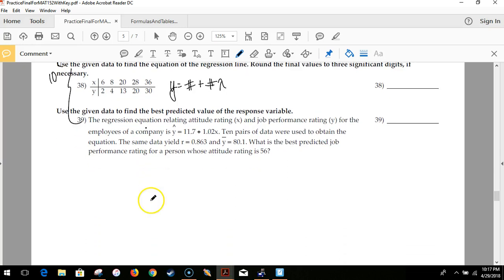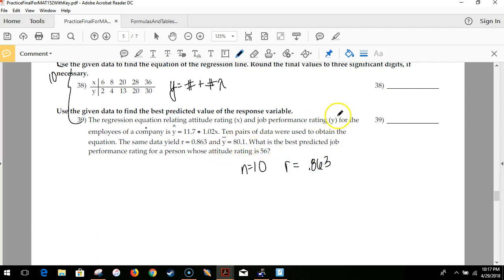Last question. Yay, right? Regression equation relating attitude, that's your X, that's your input, and job performance rating, that's Y, that's the output. You get this Y hat equals 11.7 plus 1.02X, right? So that's the regression equation that we were talking about up here. 10 pairs of data, so N is 10, were used to get that equation, and it yielded a correlation of 0.863.